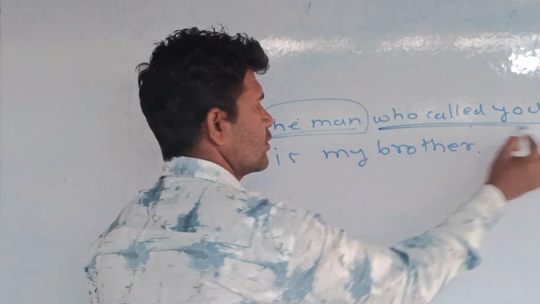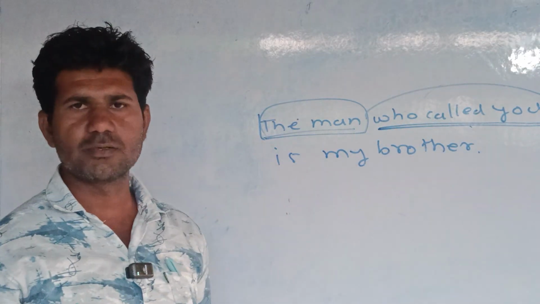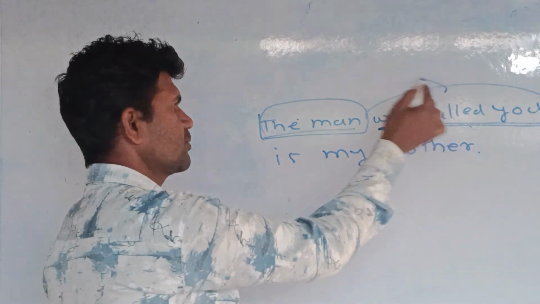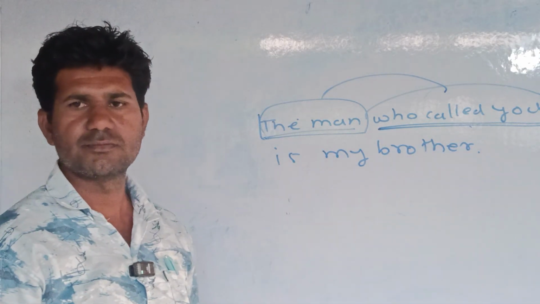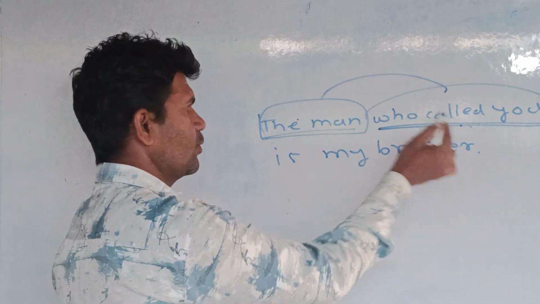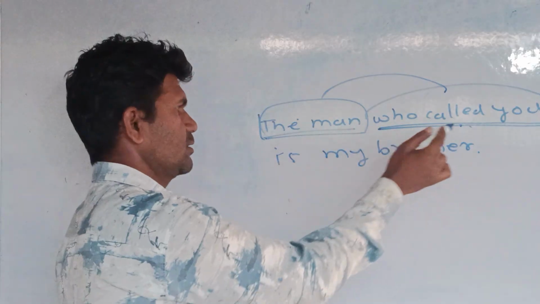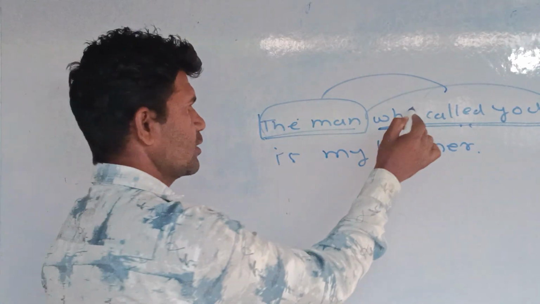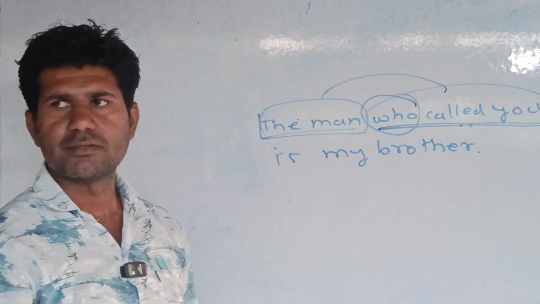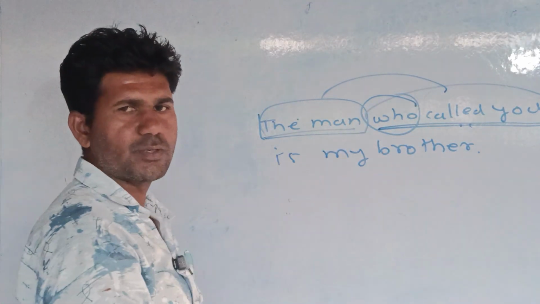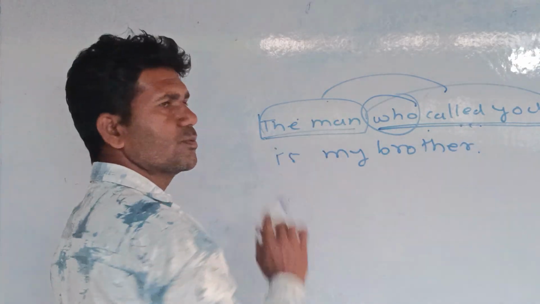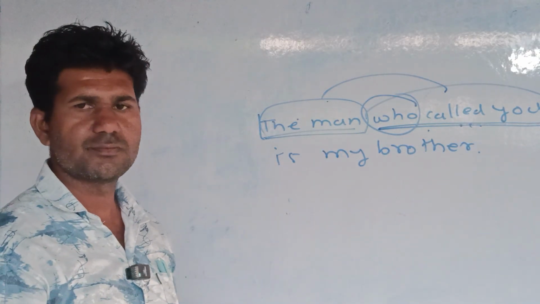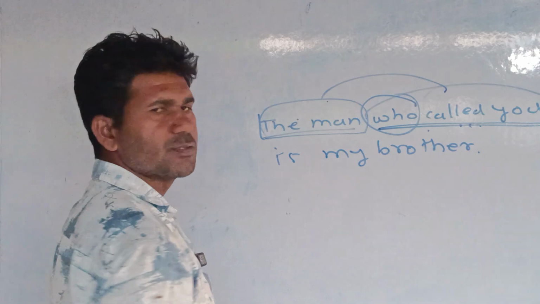So, this whole part is a relative clause. It provides information about noun. And who connects this clause to the noun? The word who. That is why it is called relative pronoun, because that connects relative clause to noun or pronoun. In our case, who.